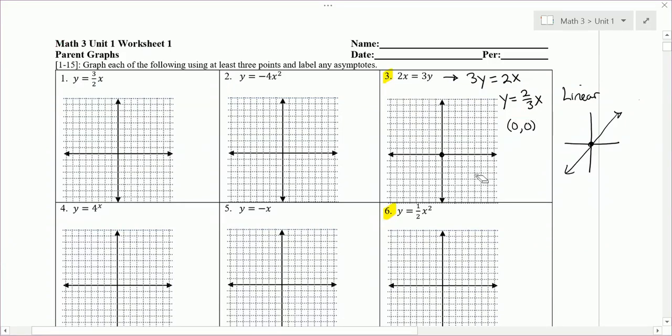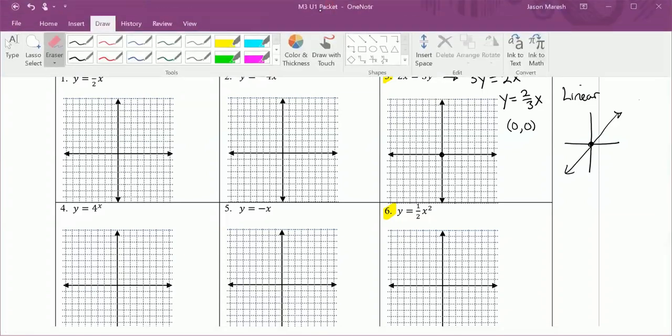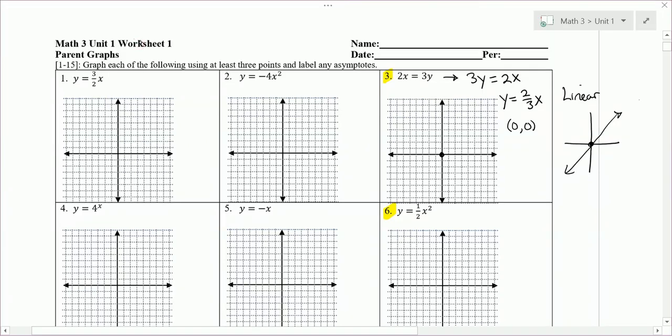But as stated here, we want to get 2 more points. So we can pick another value. So let's say 3. If I plug a 3 into this equation, I end up with y is equal to 2/3 times 3.